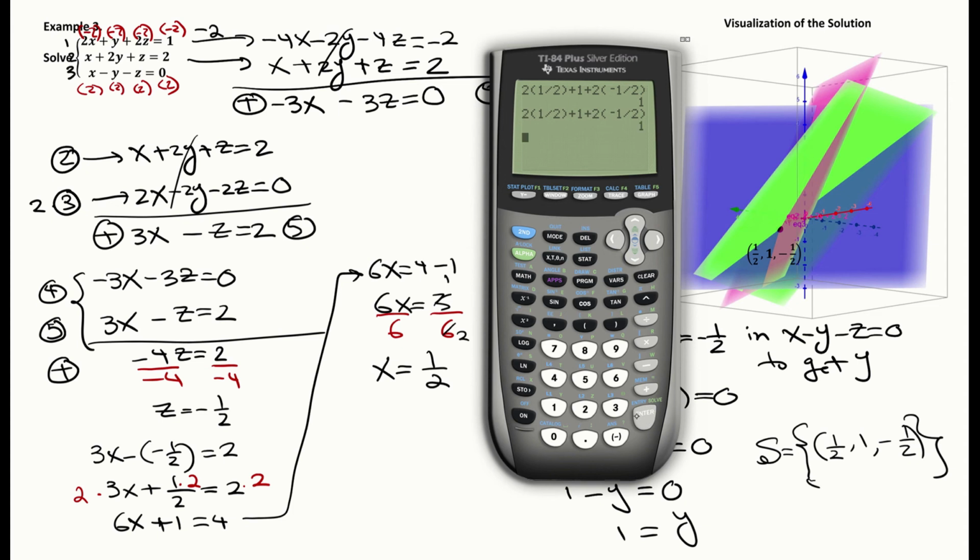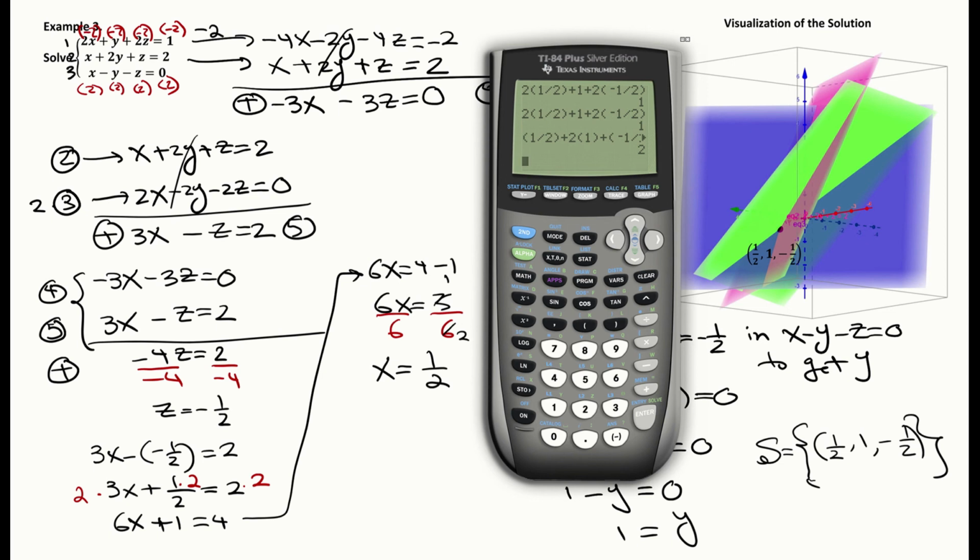So we're going to go to the second equation, which is going to have 1/2 in it. So 1/2 plus 2y. So that's going to be 2 times 1, and then plus z, which is -1/2. When we hit enter, we hope to see 2, and we do.